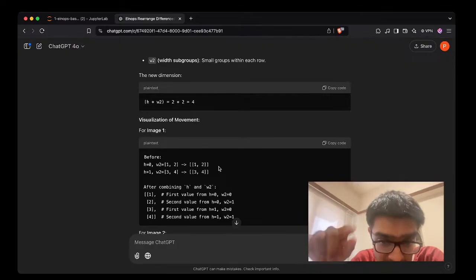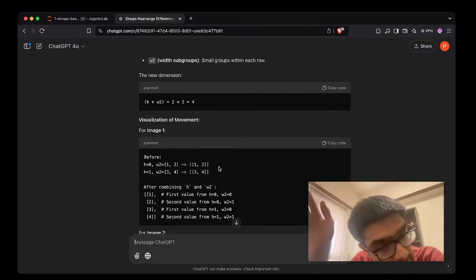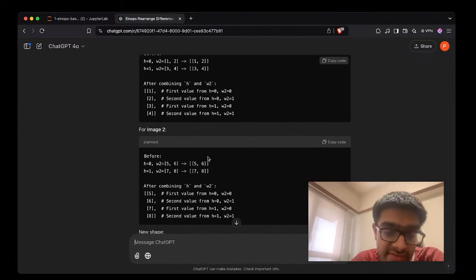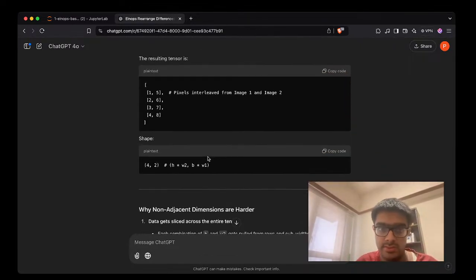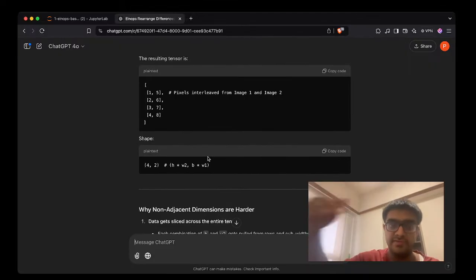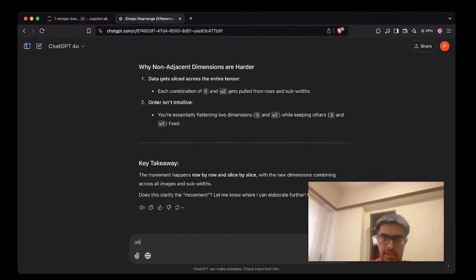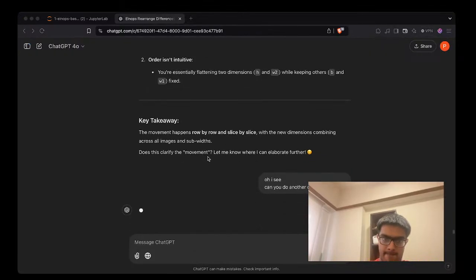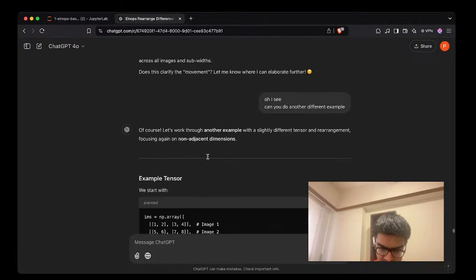Second value is H equals 0, W2 equals 1. I see. 1, 2, 3, 4. Then it'll become 5, 6, 7, 8. 1, 2, 3, 4, 5, 6, 7, 8. Oh, I see. Can you do another different example? I would have text that I need to attend to, unfortunately, or fortunately.